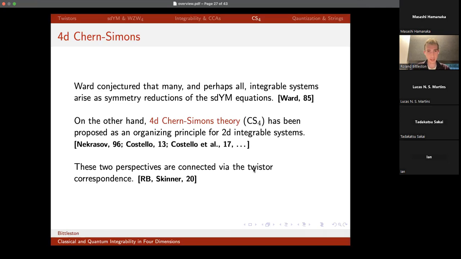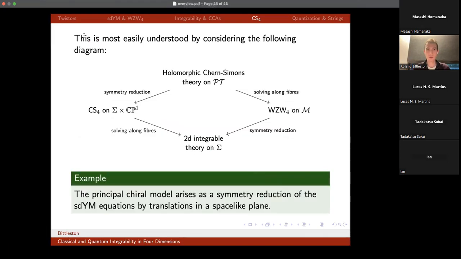On the other hand, there's been a lot of work recently on a theory called 4D Chern-Simons theory, which has also been proposed as an organizing principle for 2D integrable systems. Many 2D integrable models can be realized in this 4D description, which again makes the integrability manifest. These two perspectives are actually connected via the twistor correspondence by the following picture.